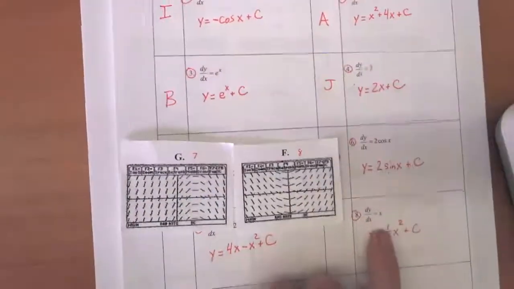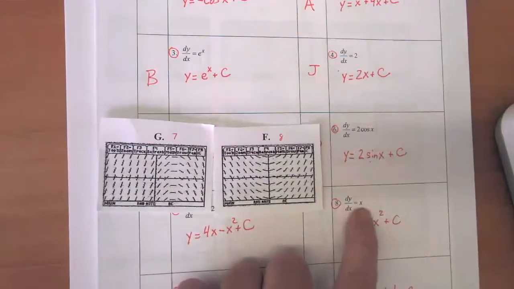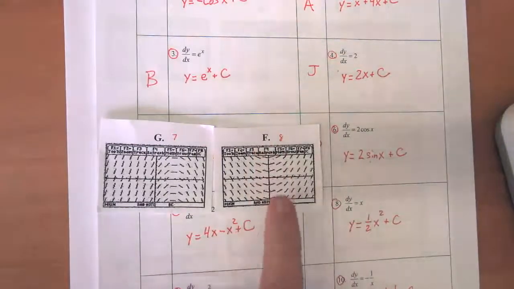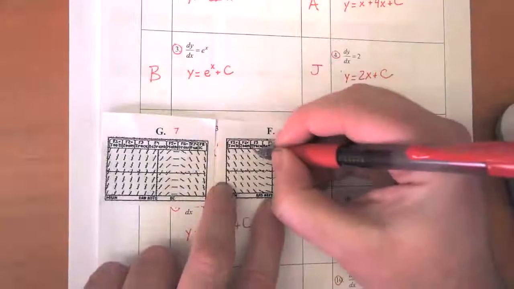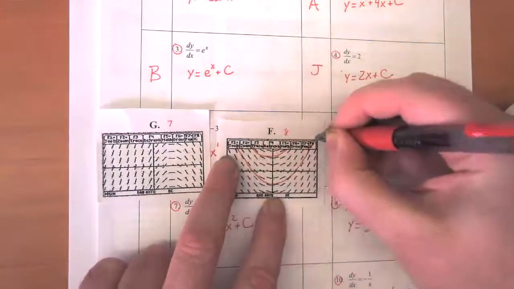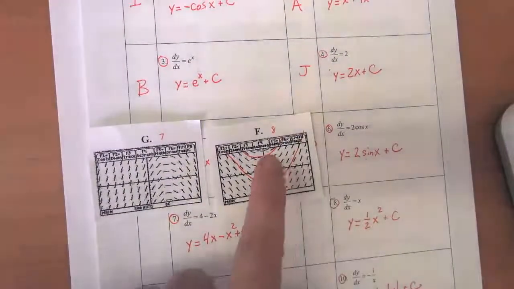Let's take a look at 8. So here is one where dy dx is equal to x. When's the slope equal to 0 this time? Well, when x is equal to 0. So this is kind of the parabolas that are being generated from that slope field. Y equals 1/2 x squared plus c. Once again, it's positive.